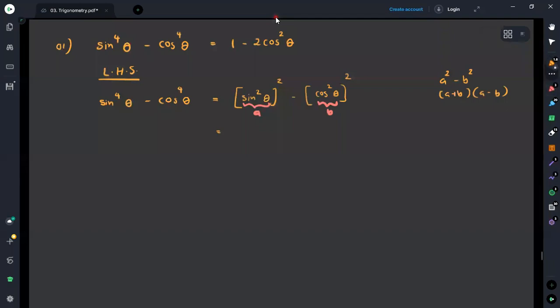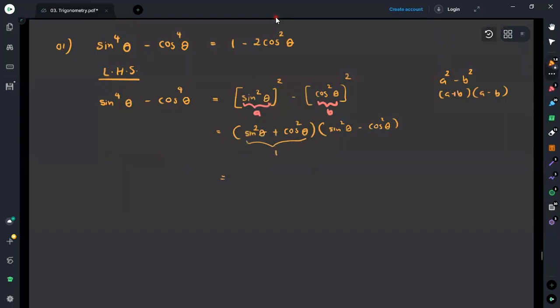Therefore, a plus b is sine square theta plus cosine square theta, and a minus b is sine square theta minus cosine square theta. According to the Pythagorean identity, sine square theta plus cosine square theta gives us 1.